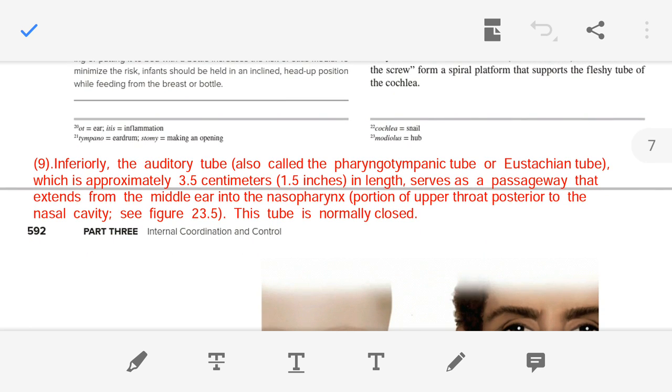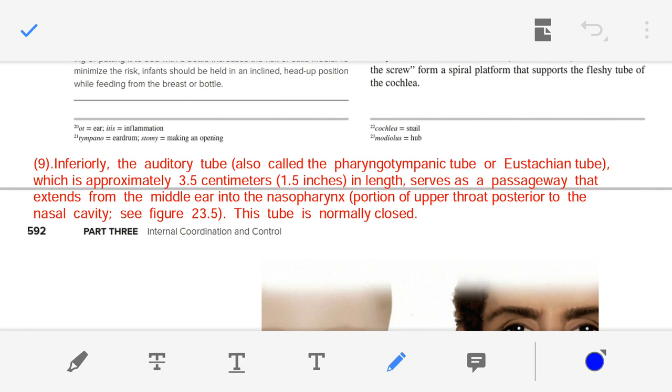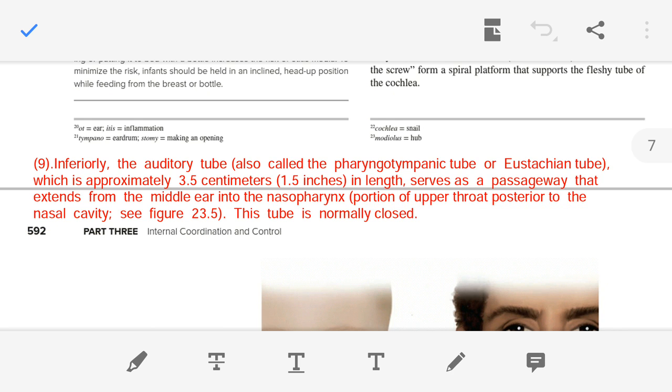The nasopharynx is the portion of the upper throat posterior to the nasal cavity. So simply, we can say the auditory tube is located between the middle ear and nasopharynx, or it extends from the middle ear up to the nasopharynx.